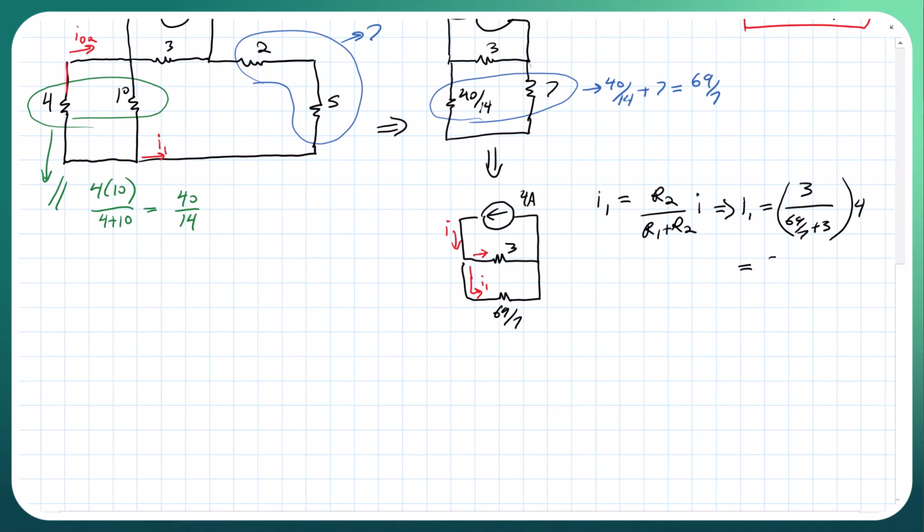Again, we'll keep it in fraction format. That's going to give us, if we compute it, 84 over 90. Okay, so now that's I1.